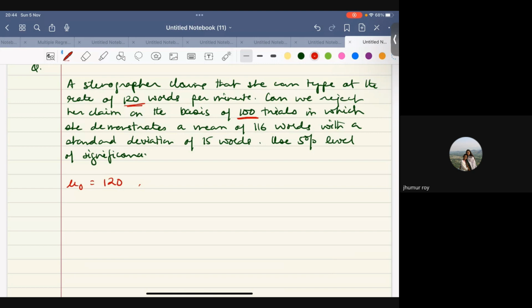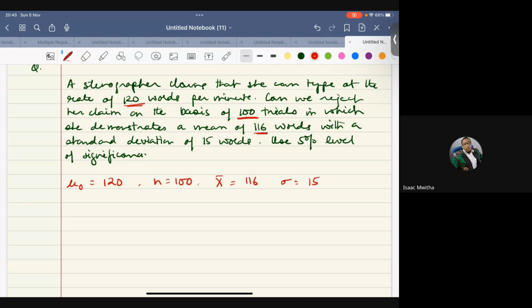That means N is equal to 100. So we have seen her working on this 100 times. What did we find? That is 116. And we have got the standard deviation equal to 15.